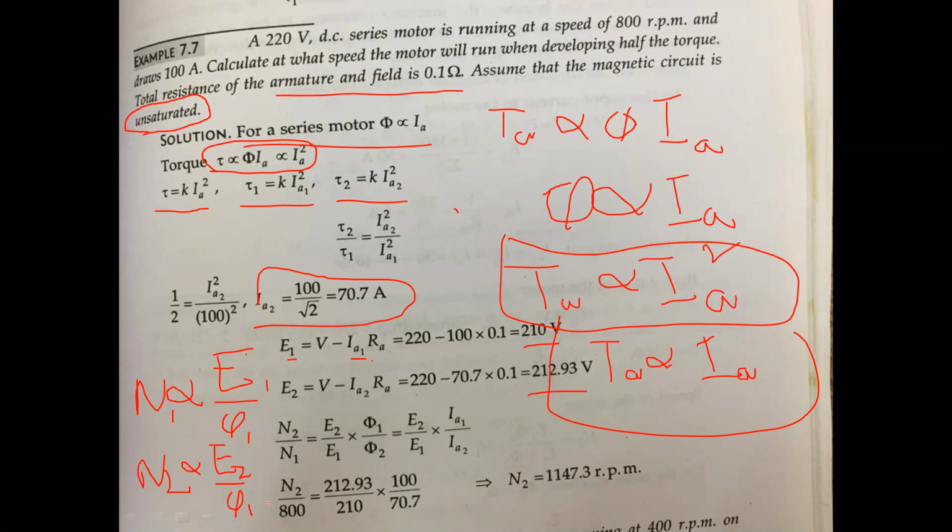We need to calculate the N2 value. Suppose this is equation 1 and this is equation 2. Equation 2 by equation 1: N2 by N1 equals E2 by E1 into phi1 by phi2.